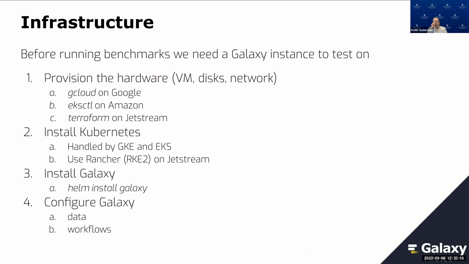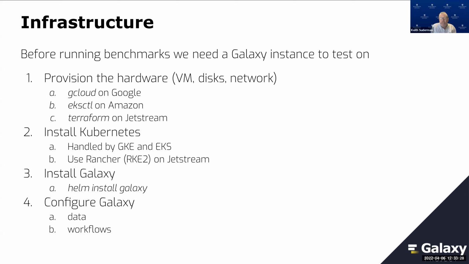Now, before we can actually run any benchmarks, we need a Galaxy instance to run on. So the first thing we need to do is provision some hardware. That means setting up the virtual machines, allocating some storage, whether we want SSDs or magnetic disks, configuring the network, and making sure all these machines are running together. Among the various providers, Google provides a program called G-Cloud that you can use.